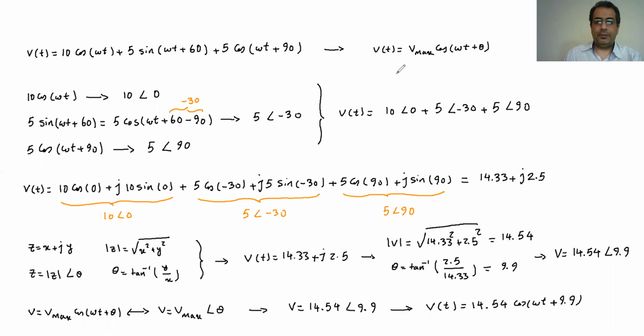One thing before I go ahead is that remember that we can do this because all of them have the same omega. If you look at here, because all of them have the same omega, we can do it. If we have different values for the omega, we cannot use this method.